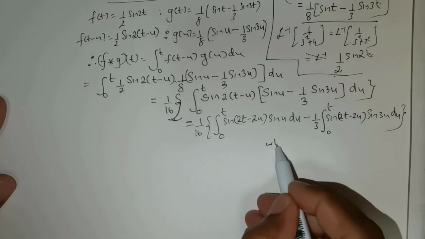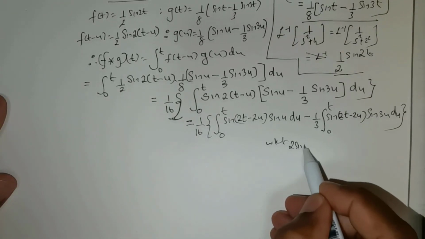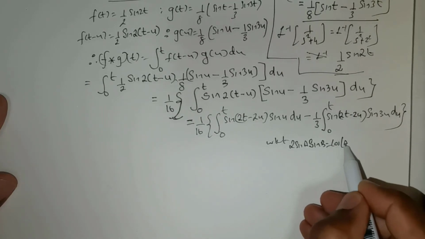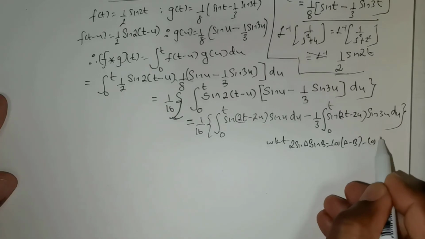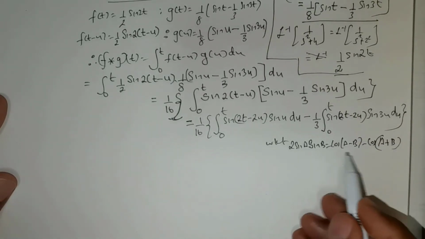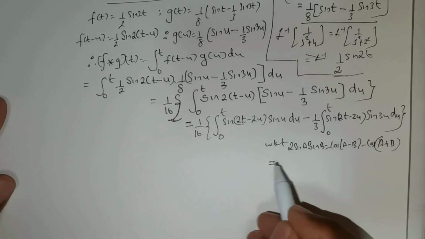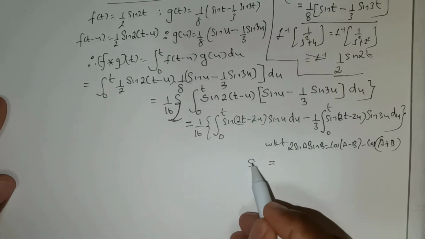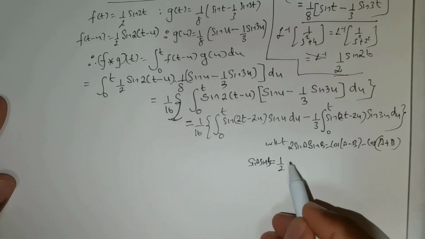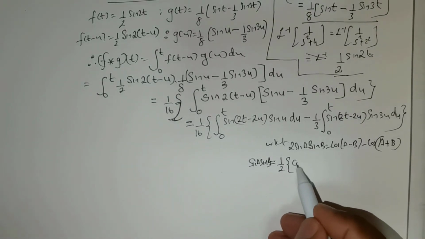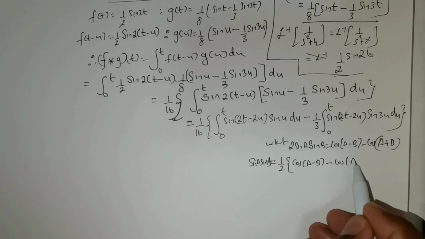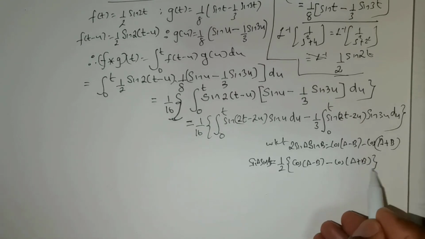Now we know that 2 times sine a sine b is cos of a minus b minus cos of a plus b. I've already proved this to you, and I can rewrite this as, in fact, sine a sine b is 1 over 2 times cos of a minus b minus cos of a plus b.